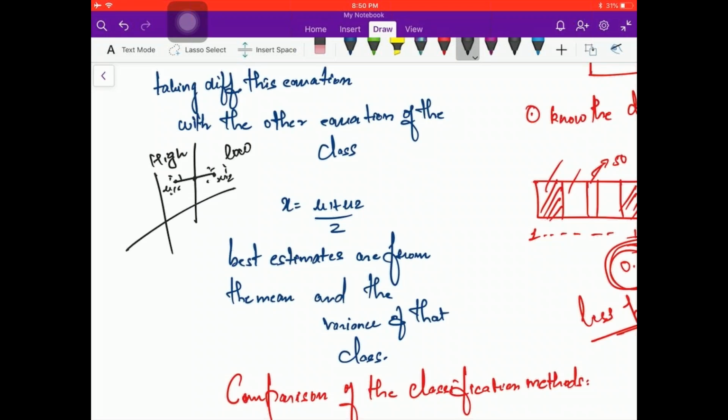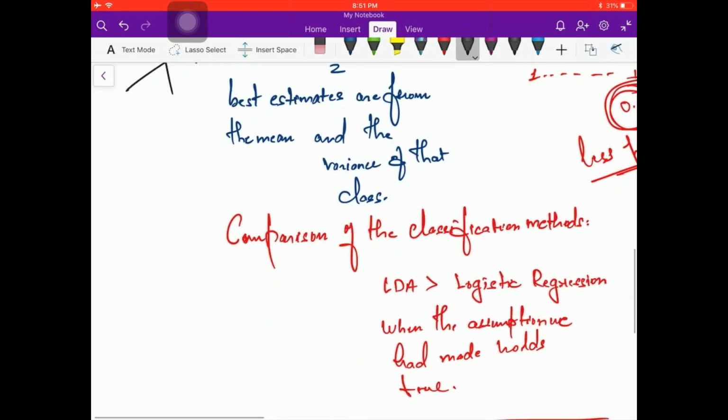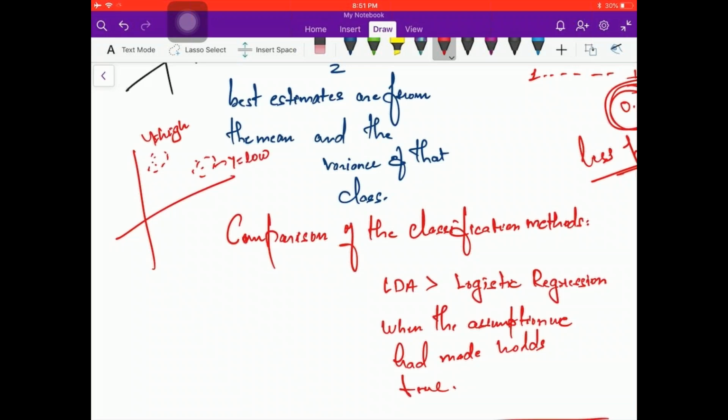I know that it's not clear, so I'll again state. For example, if you have data like this, your y equal to high is like this, y equal to low is like this. Now, what is your decision boundary that separates these two?